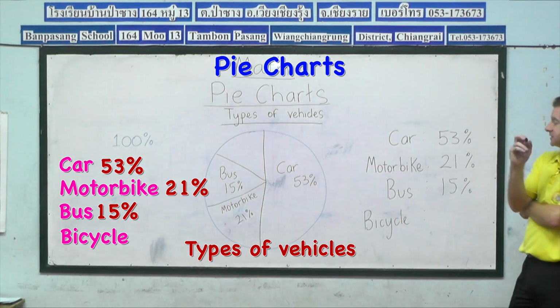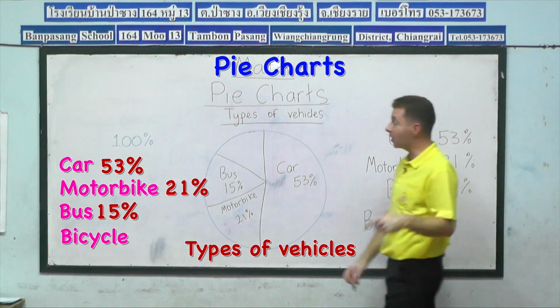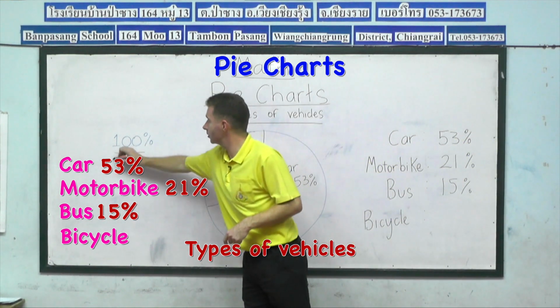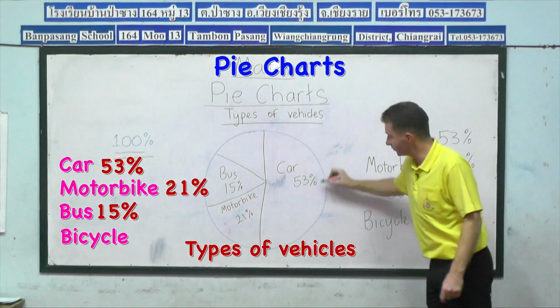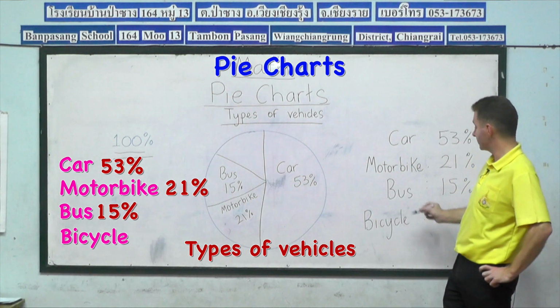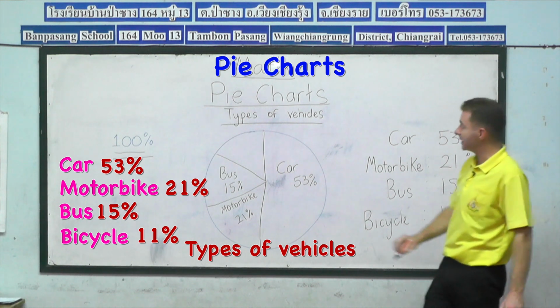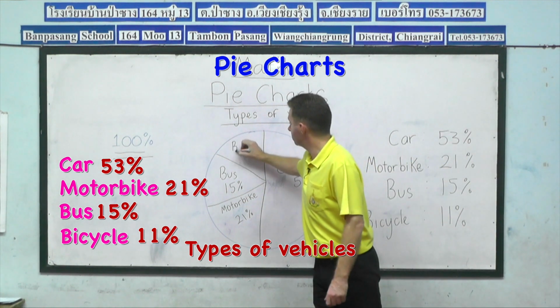So that means how many percent is left for bicycle? 11%, yes, because what you've correctly done, guys, you know that we're working with 100%. So if we've got 3 sections of the pie or 3 pieces of the pie already worked out, that leaves 11% for bicycle, which we can complete here.